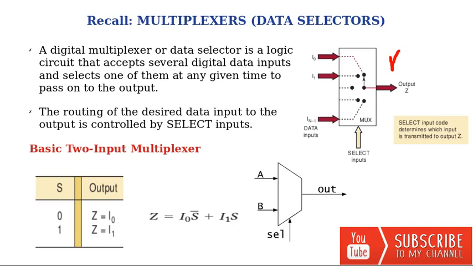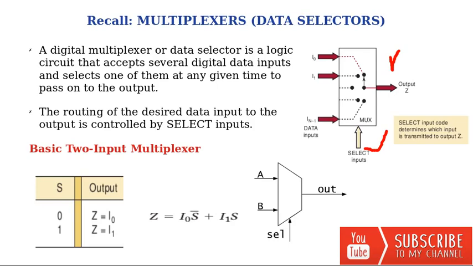In this diagram, I0, I1 and In-1 are the input data channels which are routed to the output one by one using the select inputs. The routing of the desired data input to the output is controlled by select inputs.